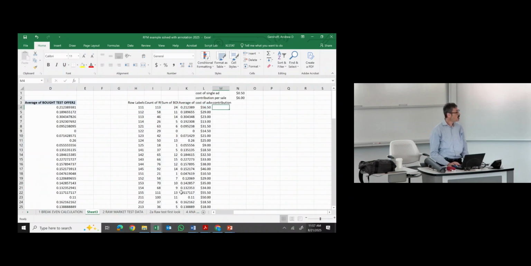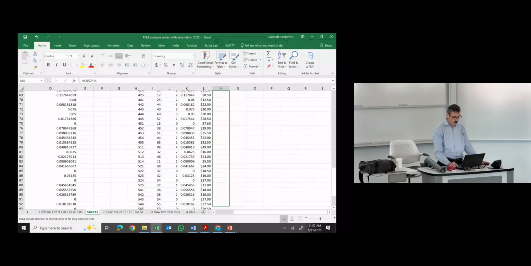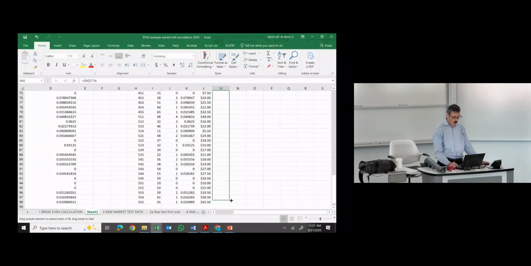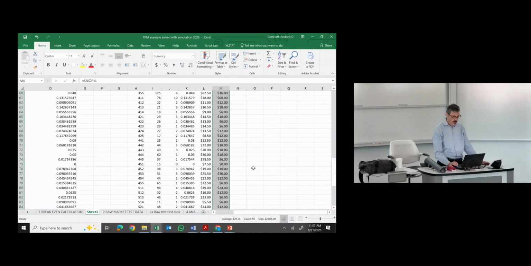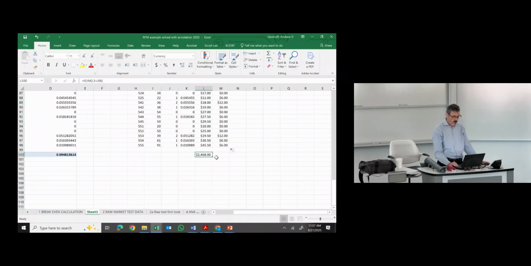I made $6 on each book, so equals the $6 times the number of books that I sold. It's $144. Right, so that's how much money, and then what's the sum of that?